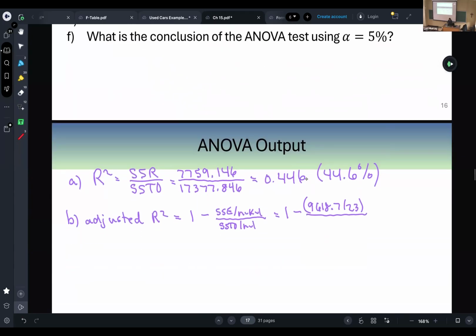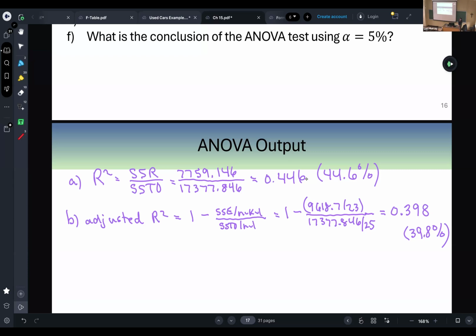So then we have the denominator too. It's going to be 17,377. That's the total, 0.846, divided by 25. Well, we'll just put it all into the calculator and we should get 0.398 or 39.8%.